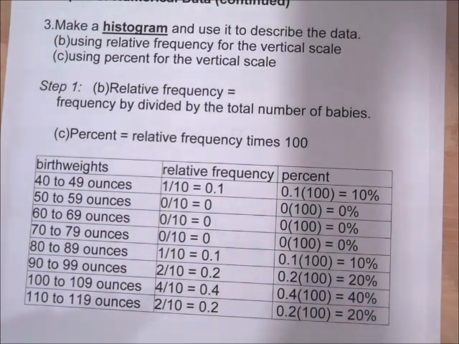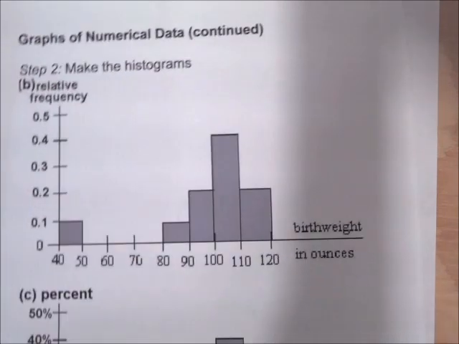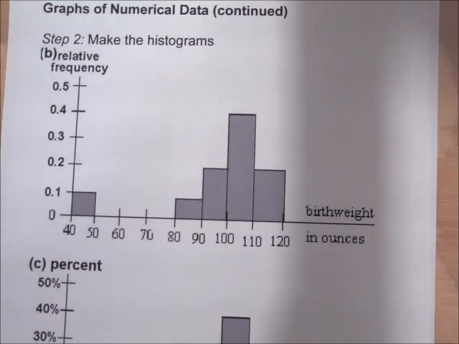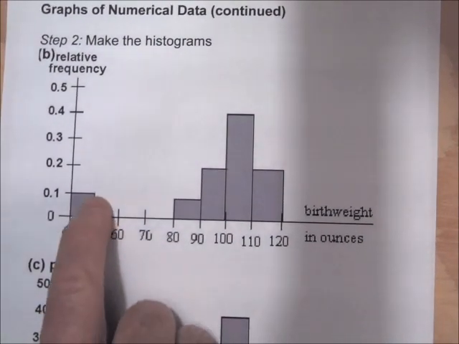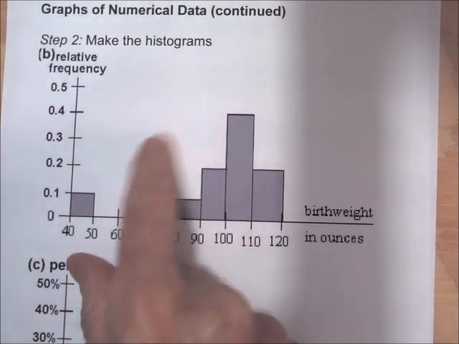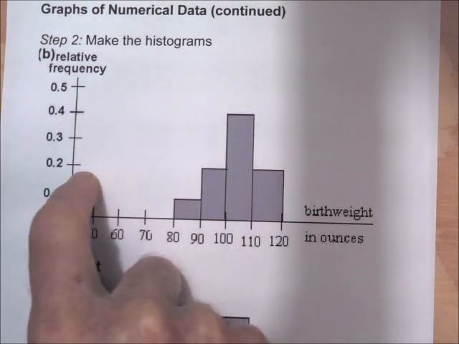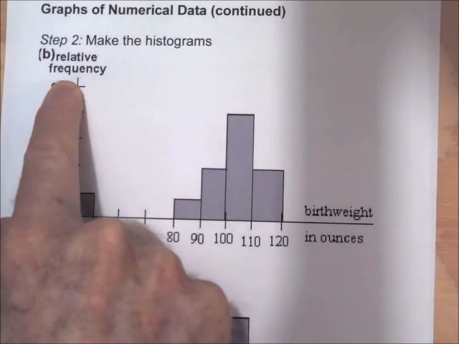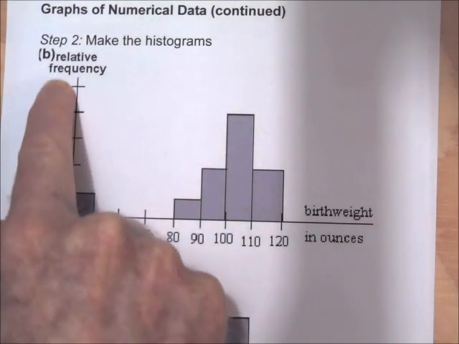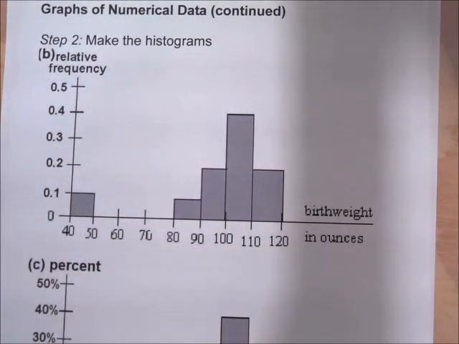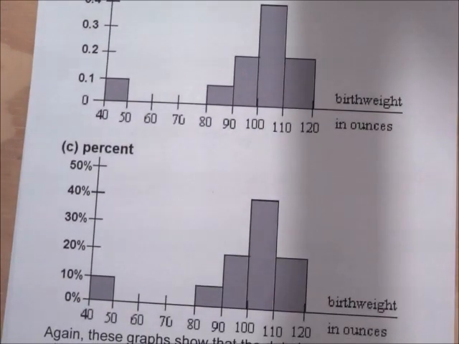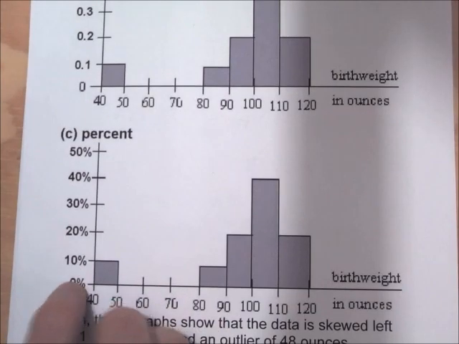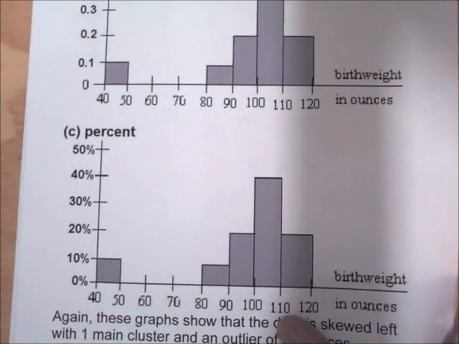So then we could do a histogram based on relative frequency, but it's pretty much the same histogram. We just changed the labeling on the scale here, as is really the only thing we did differently. But otherwise, it's pretty much the same shape. And if you do percentages, this is what you get here. It's again the same shape.